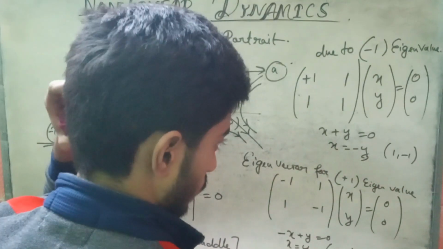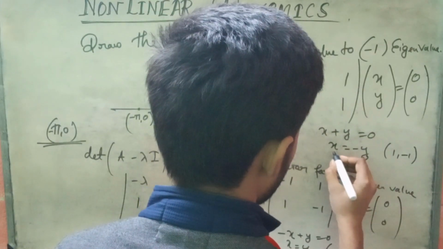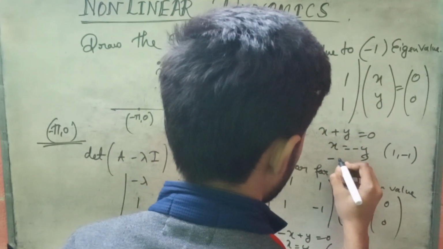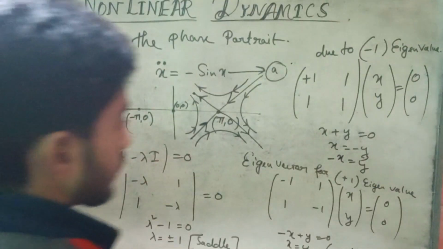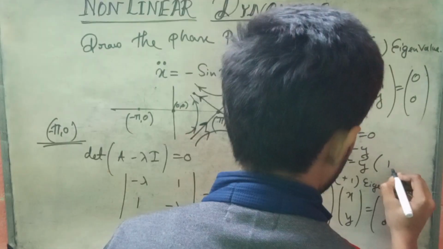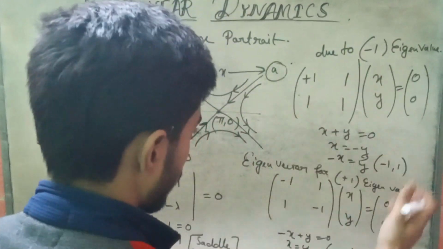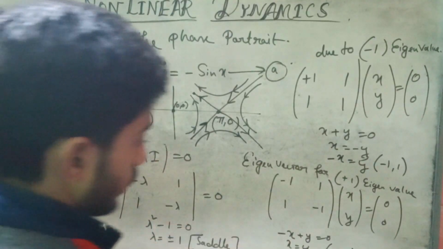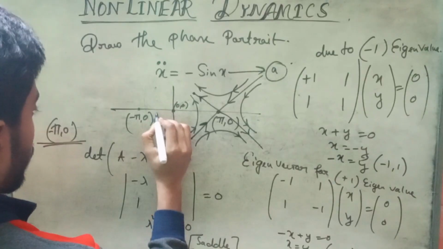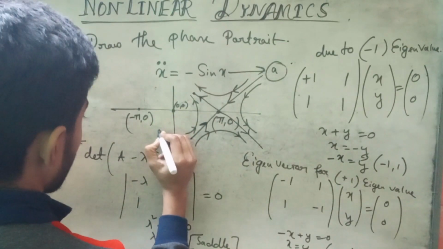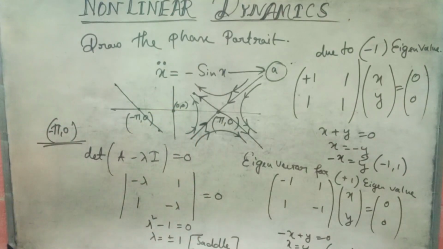Everything is the same, and here we consider that we rotate these things just like this, minus x equals y, and the eigenvector for the negative eigenvalue is minus 1, 1, and for the positive eigenvalue at the minus pi, 0 fixed point, the eigenvector is minus 1, minus 1. So this is minus 1, minus 1, right?